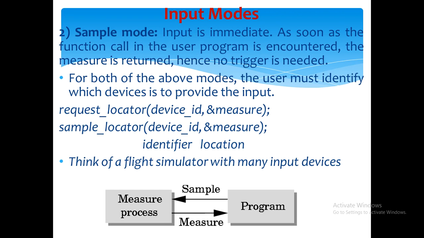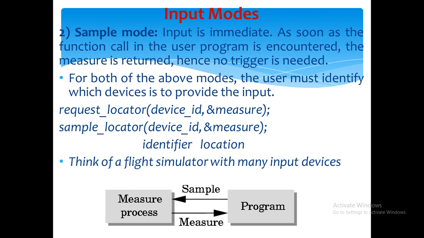Immediately, as and when you call that function in your program, it reads the measure. For both of the above modes, the user must identify which device is to provide the input: request locator, device ID and measure; sample locator, device ID and measure. Device ID is the identifier and the measure may be a location.